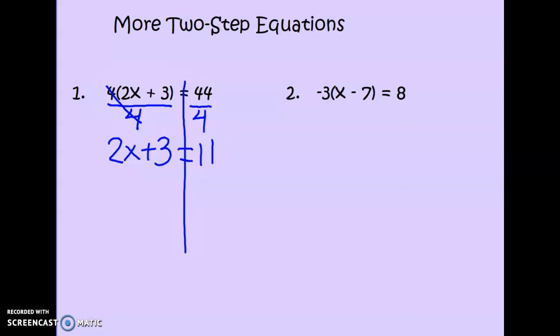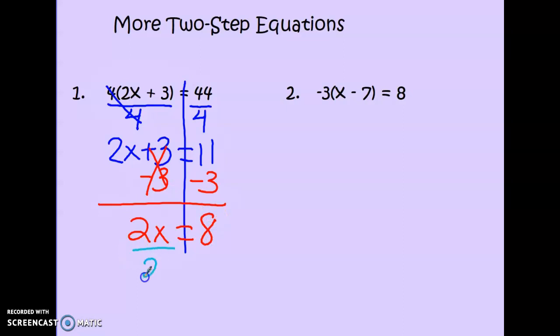So now this looks like a normal two-step equation, and I can solve it as I normally would. Okay, subtract 3 from both sides. That leaves me 2x. That cancels. 11 minus 3 is 8. And now I can divide both sides by 2, and I'm left with x equals 4.